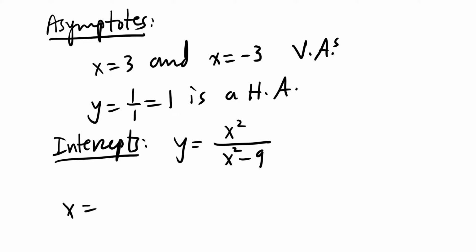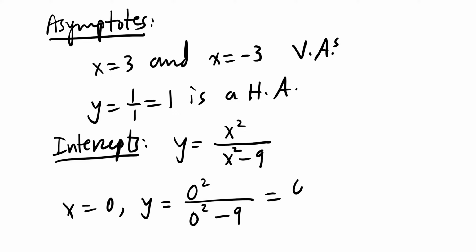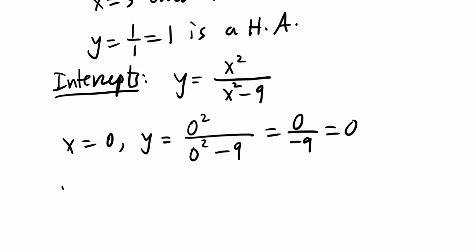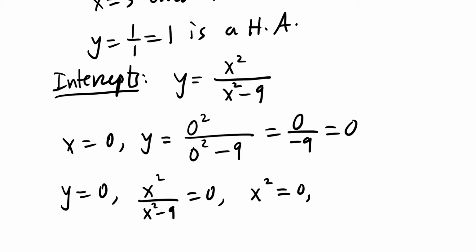If we set x equals 0, y will be 0 squared over 0 squared minus 9. 0 over -9 is 0. If y is 0, then x squared over x squared minus 9 is 0. So x squared is 0. x is 0. So we get the same point. The origin is both the x and the y intercepts.